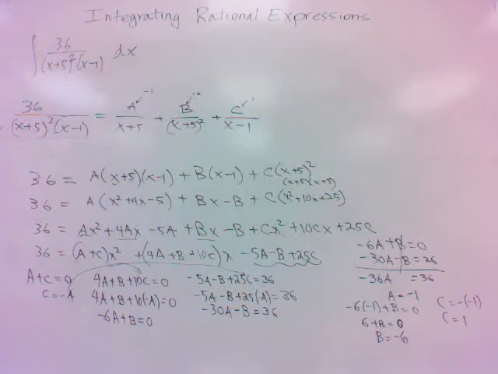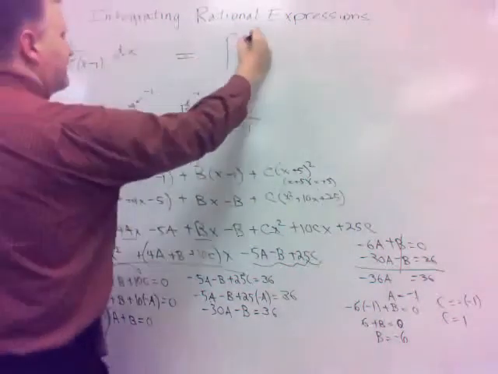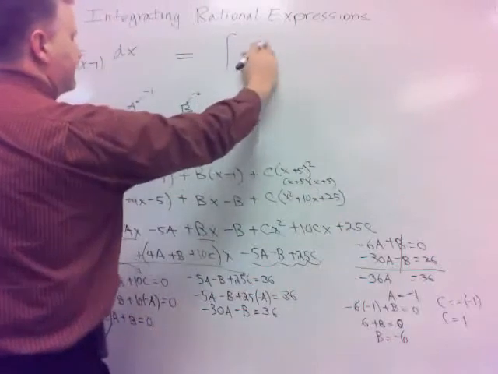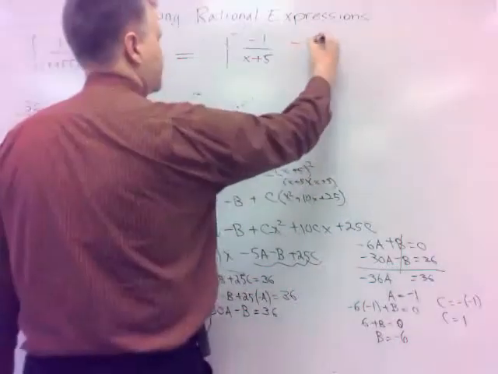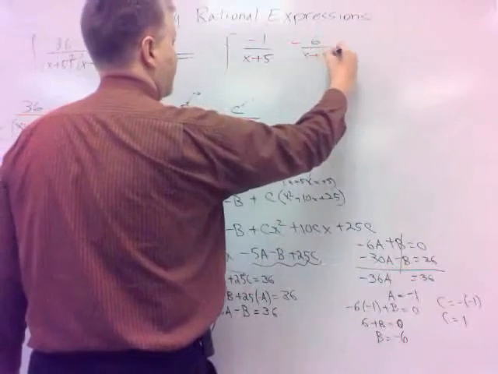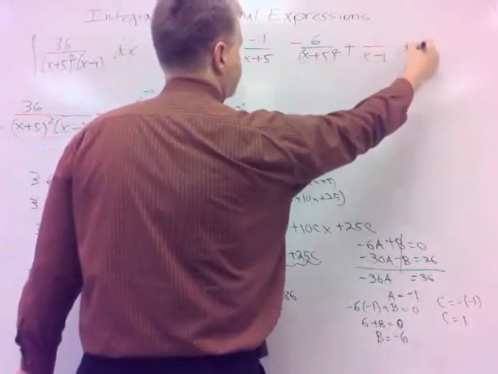All right? Okay, well, let's do it then. So I have the integral of negative 1 over x plus 5, minus 6 over (x plus 5) squared, and then 1 over x minus 1.